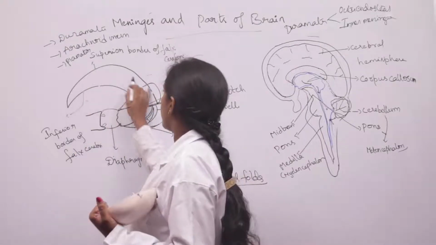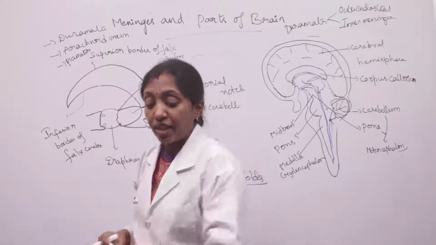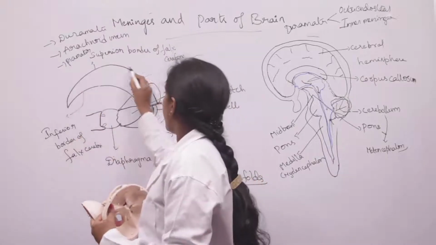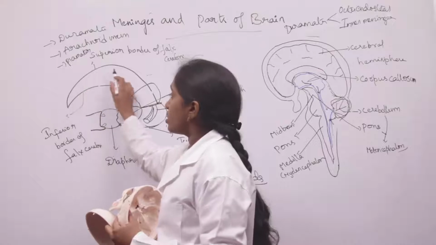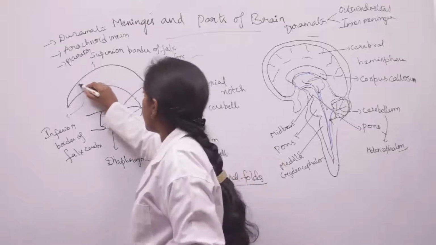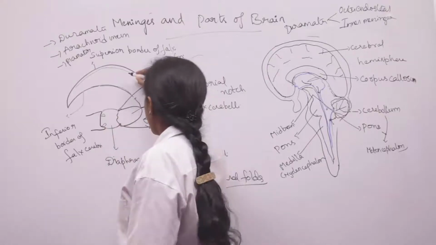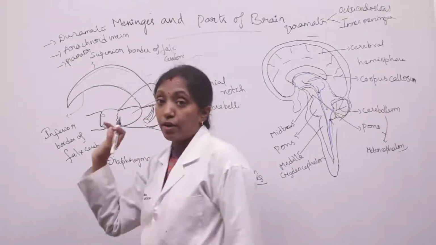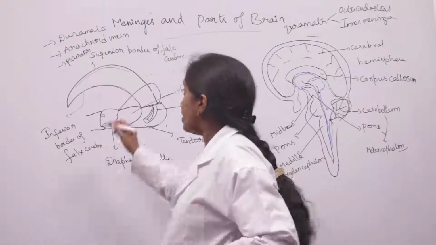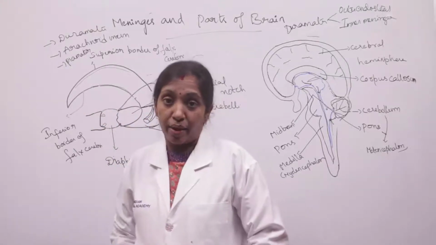For example, the falx cerebri extends from the crista galli here up to the internal occipital protuberance here. The falx cerebri encloses the superior sagittal sinus, which is present in the upper margin, the inferior sagittal sinus here, and the straight sinus here.